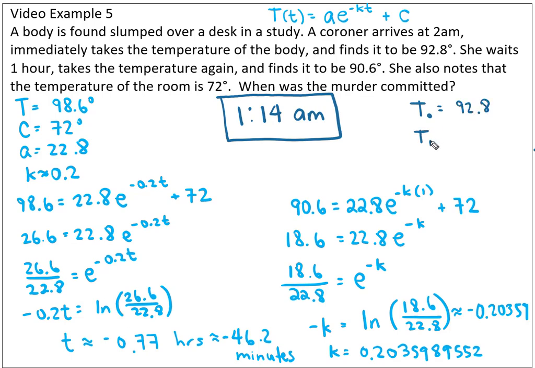And then we took the temperature at time 1, and that was 90.6. And then we know that we have a temperature of 98.6, but we were saying what time did that happen at? And then once we figured out what that time was, we have to go back from the 2 a.m. and go to 1:14 in the morning. That's when the murder was committed.